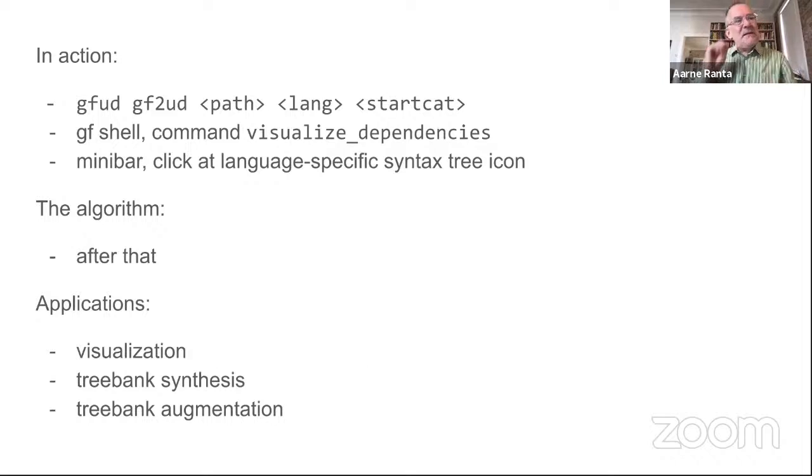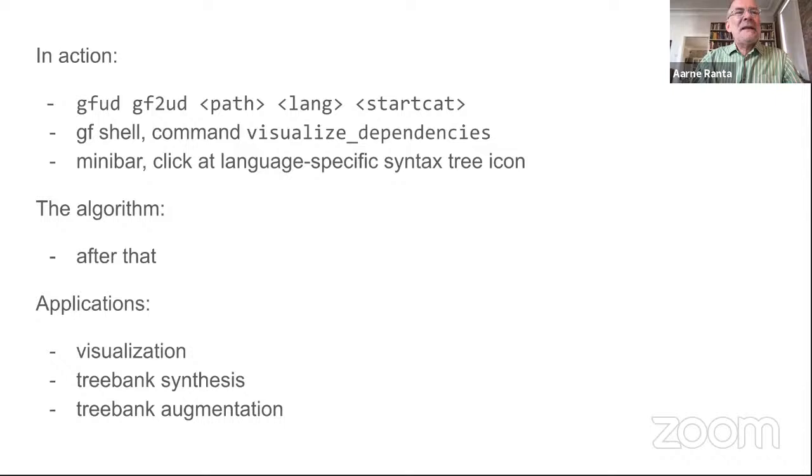So in the minibar, the essential use of the dependency trees is as visualization of the GF parses, but other applications are tree bank synthesis and tree bank augmentation, which I will talk a bit about.